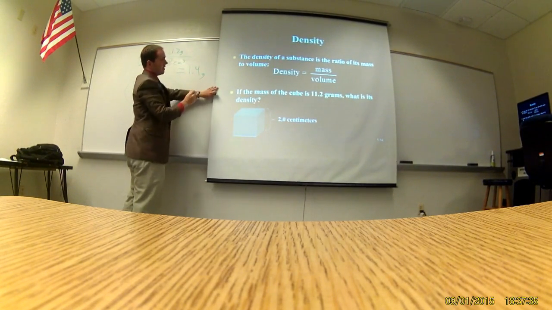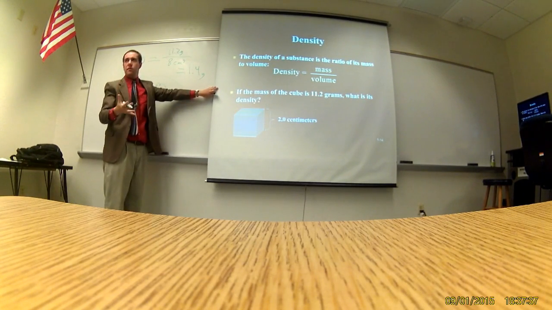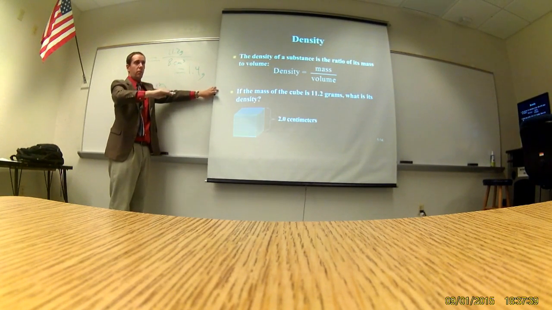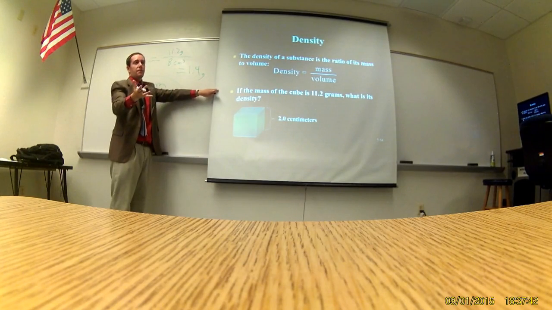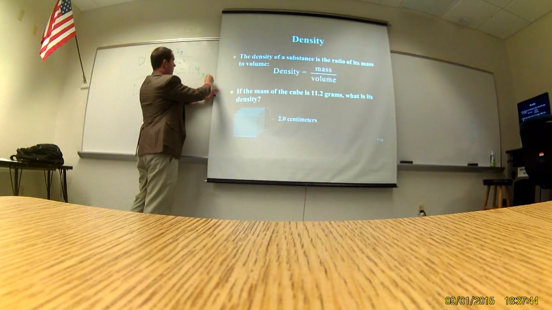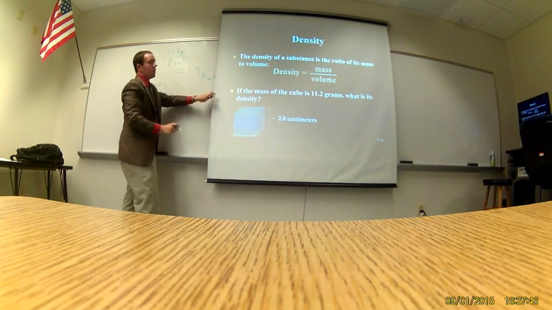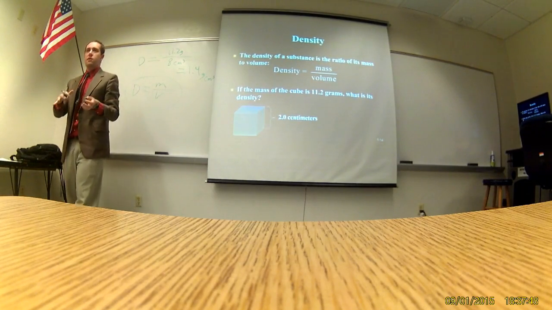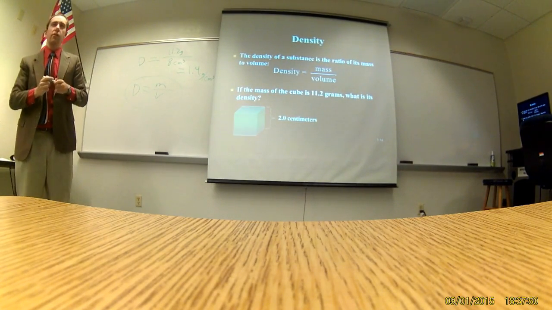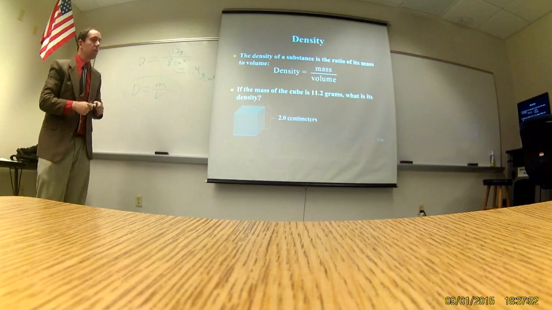So this is a solid, so we're going to use cubic centimeters. If you did milliliters, it wouldn't be wrong. It just would be odd. Grams per cubic centimeter. On the slide where we introduced density, we said that solids use grams per cubic centimeter.